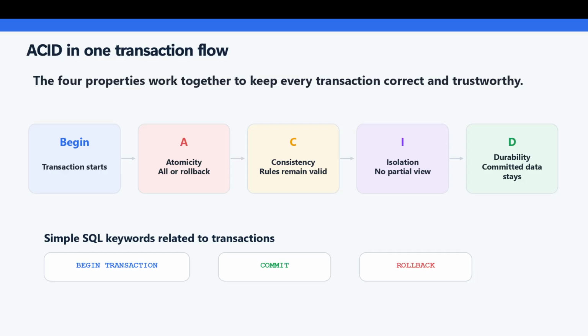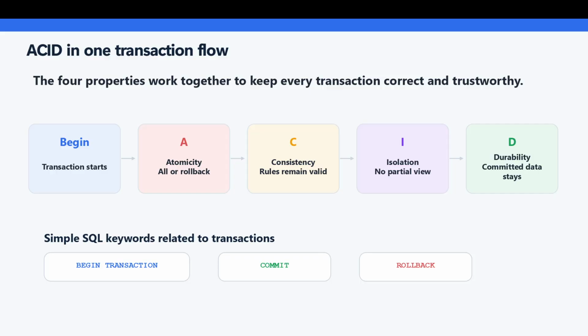So all four properties work together. They are not independent features used separately. Together, they make the transaction reliable and trustworthy. We can also connect these concepts with a few SQL transaction control statements. The first one is BEGIN TRANSACTION.